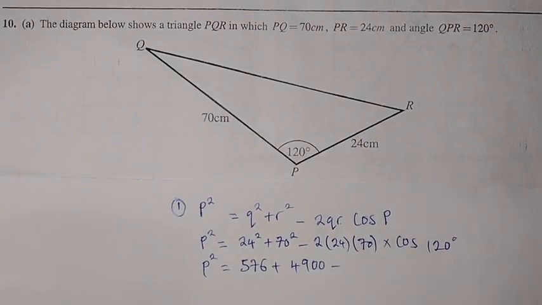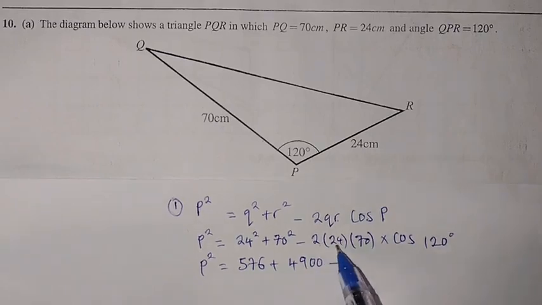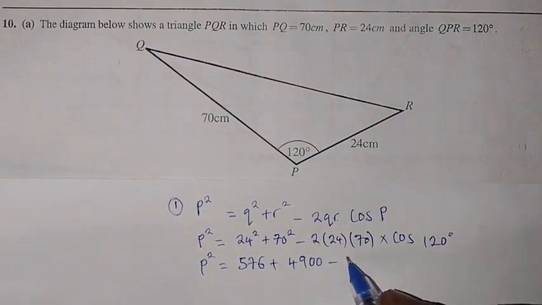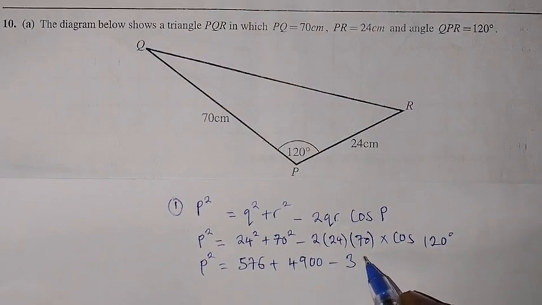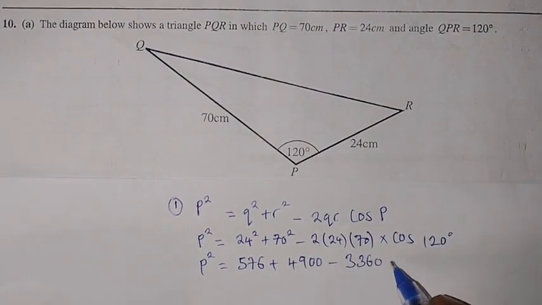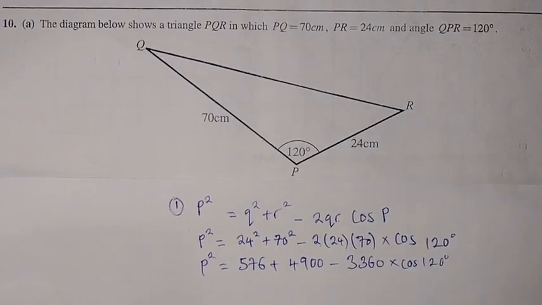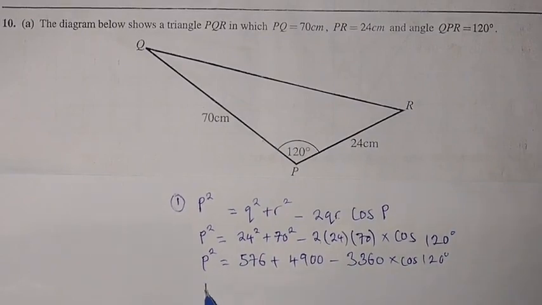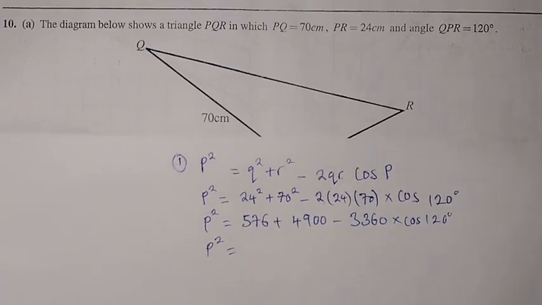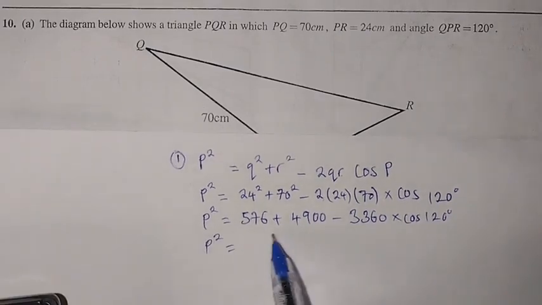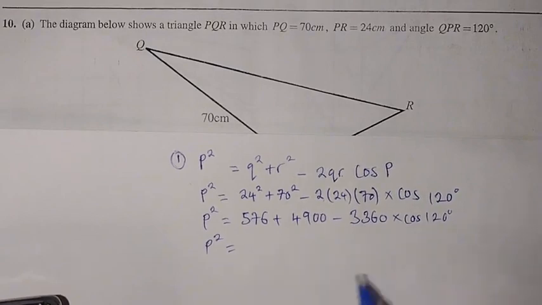Now we can multiply this. When we multiply 2 times 24 times 70, this will give us 3,360, then times cos 120 degrees. So this is what you get. From here, you can say p squared is equal to, don't even waste too much time, just punch these on the calculator and write it here.